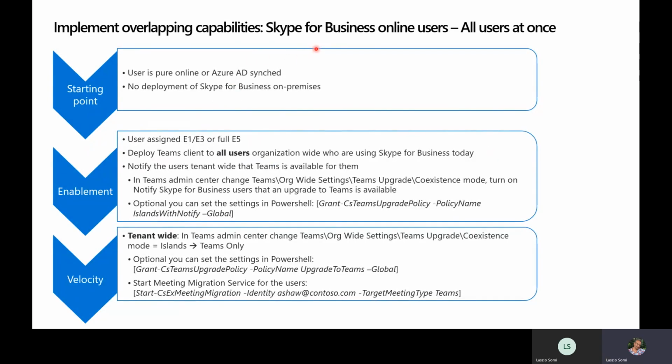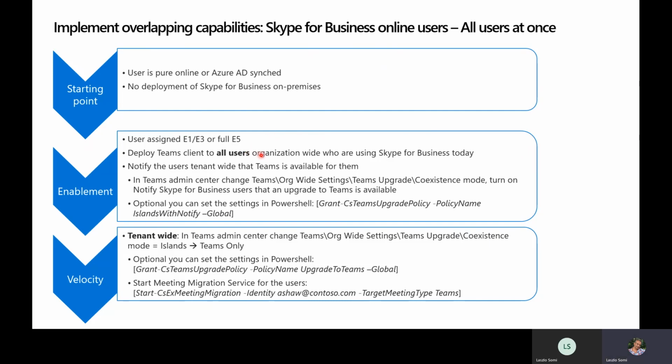All right, let's implement the overlapping capabilities method for Skype for Business Online users and all users at once. Our starting point is that users are pure online or synced with Azure AD, and you don't have a deployment of Skype for Business on premises. Let's enable the users. First, we're gonna assign them some licenses.